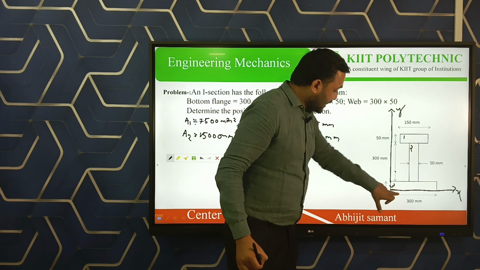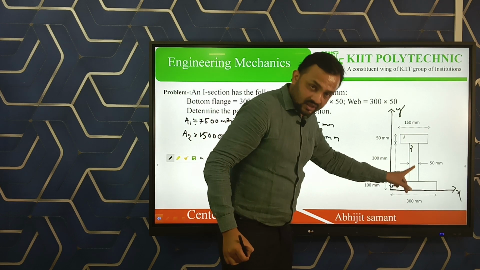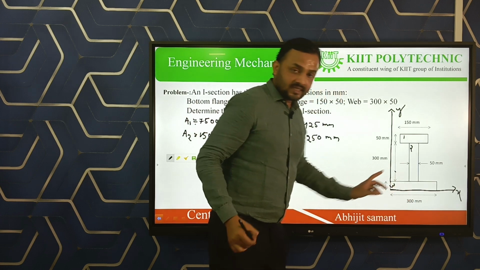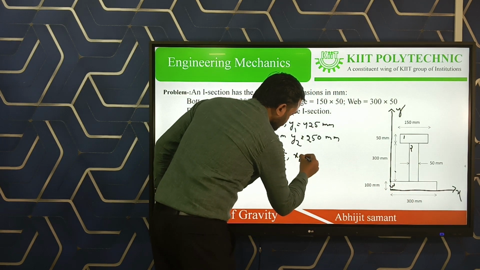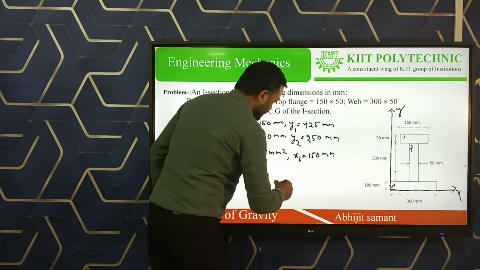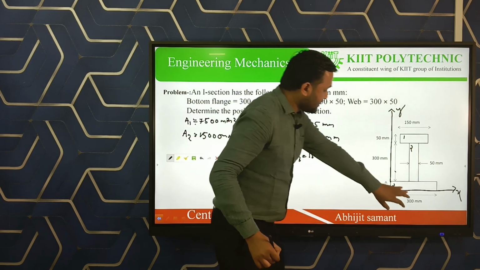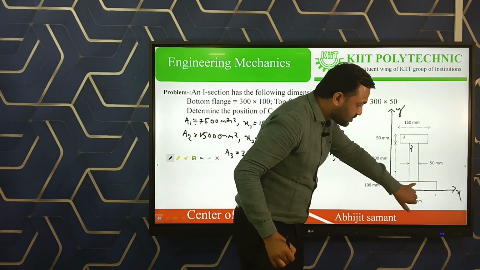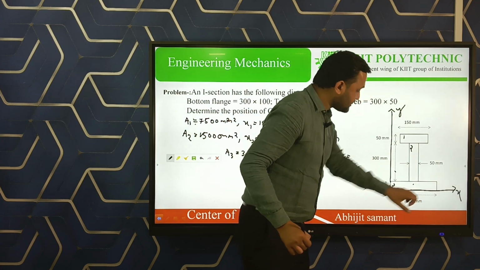Then we have to find out x3 and y3. x3 is the distance from the y-axis. The center of gravity of the third rectangle from the y-axis is known as x3. So x3 is equal to 150 mm, and y3 is the distance of the center of gravity of the third rectangle from the x-axis.